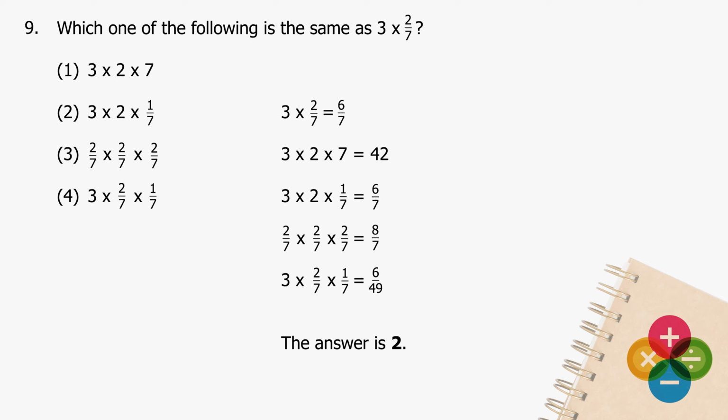Multiply 3 by 2 and by 1/7, and the product is 6/7. Multiply 2/7 by 2/7 and by 2/7, and the product is 8/7. Multiply 3 by 2/7 and by 1/7, and the product is 6/49. The answer is 2.